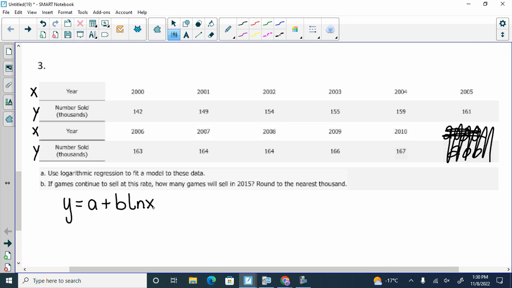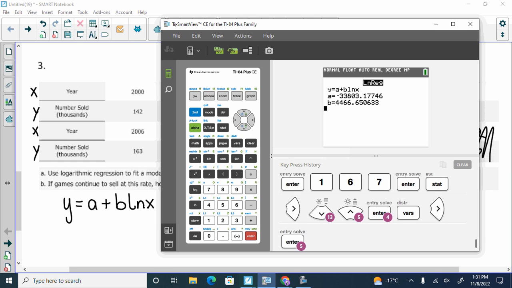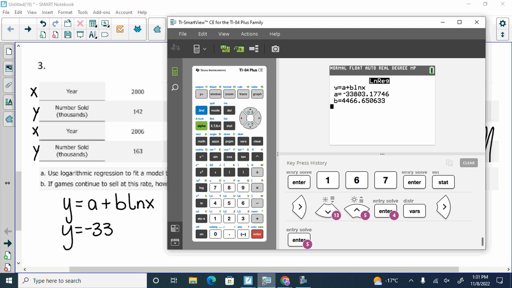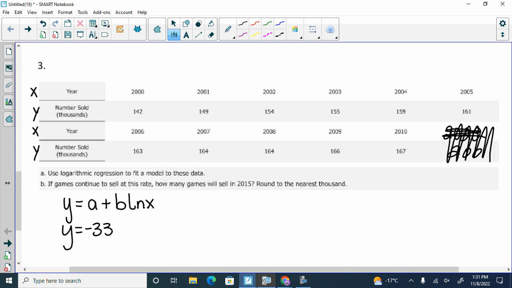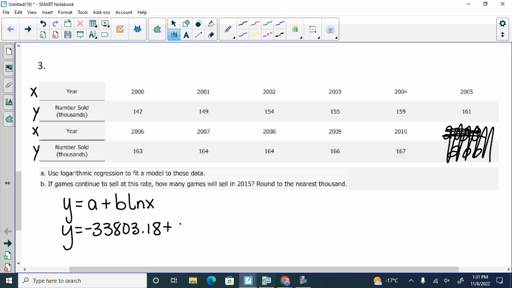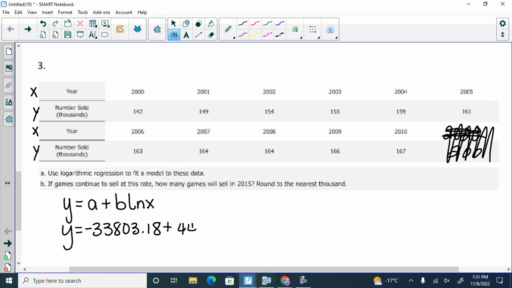So if we have to write out the equation, it gives us the A this time and the B. So we get y equals negative 33,803.18 plus 4,466.65 ln X.